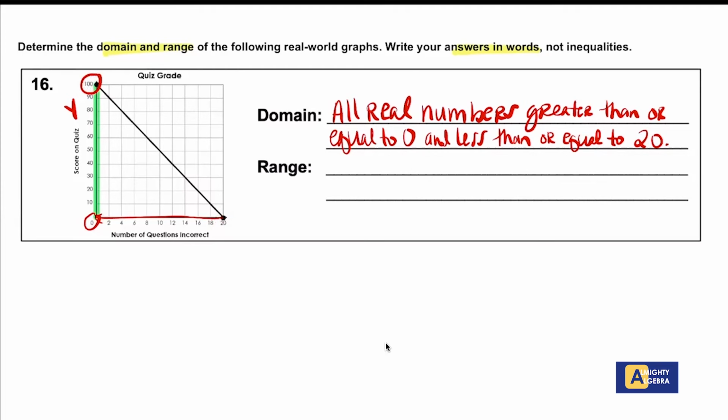Again, those endpoints are shaded, so it can equal 0 and it can equal 100. So we're going to write our range like this.